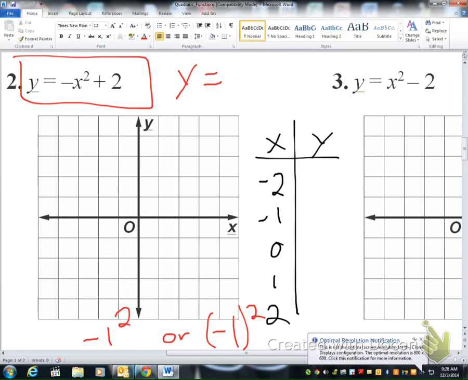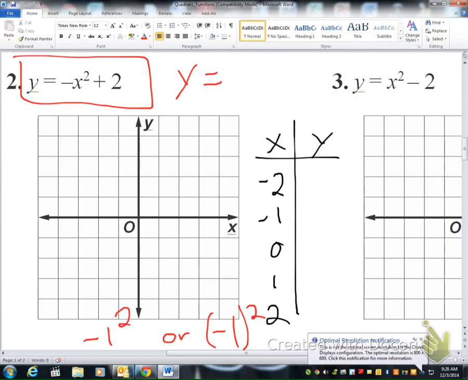Here, since I have the parentheses, that means I am multiplying negative 1 times itself. Here I'm multiplying positive 1 times itself and then attaching the negative to the answer, which means this would be negative 1, because 1 squared is 1, so the negative of that is negative 1. Whereas this one, negative 1 in parentheses squared, is negative 1 times negative 1, which is positive 1.